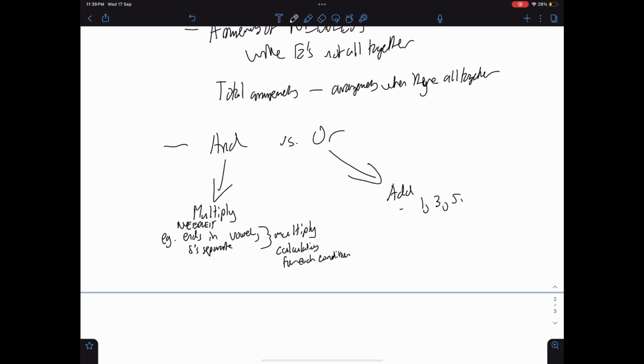But say you had 1, 3, 5, 7, and then you had to make 3-digit numbers out of that, ending in 5 or 3.